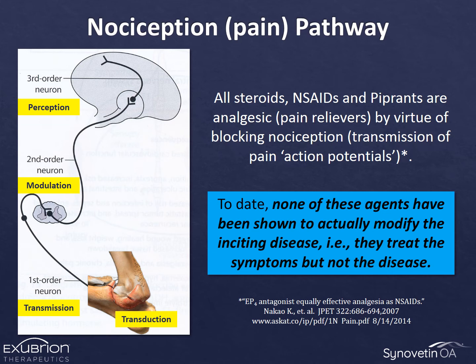The illustration on the left is meant to denote the so-called pain pathway. I would call it the nociception pathway, for reasons I'll share with you here. When a signal is transmitted from a distance by virtue of transduction, it goes through first-order neurons. We know that as transmission. It then gets to the spinal cord, where more times than not it's modified, and oftentimes considerably.